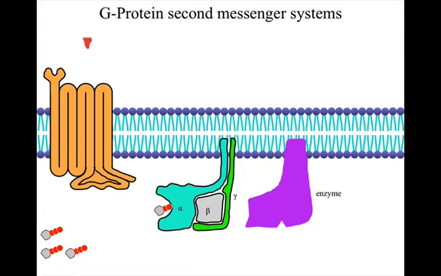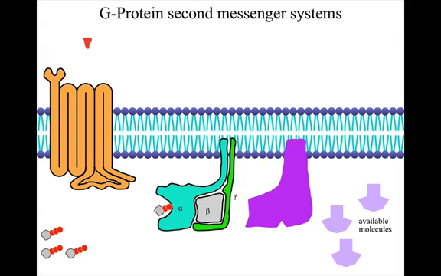There's an enzyme which is also bound to the inside of the membrane, which can be activated by the G-protein if the G-protein is itself activated. And finally, there are molecules within the neuron environment which can in turn be converted by the enzyme to a different molecule that activates various chemical processes in the neuron.